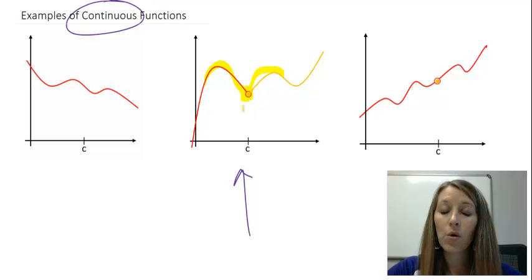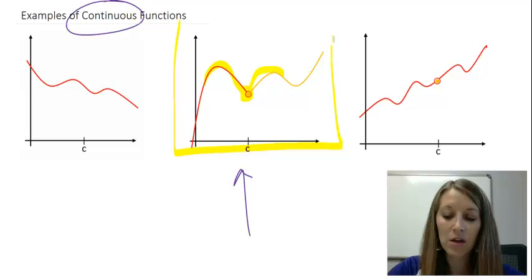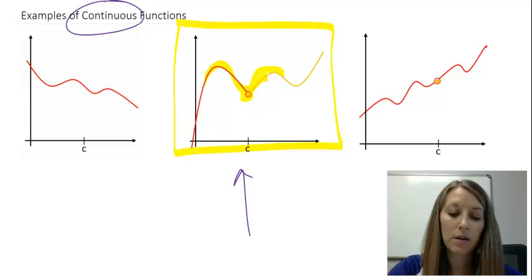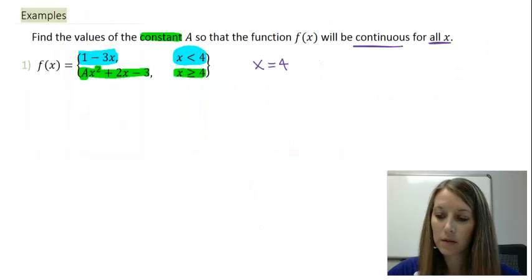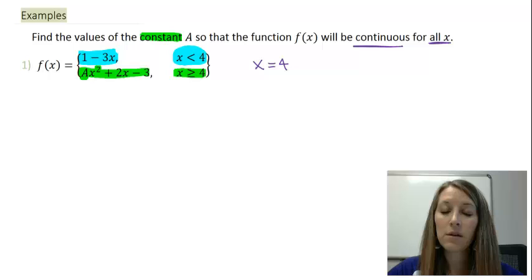So basically we want to figure out our constant a so this is guaranteed to happen: our two pieces match up in the middle, and they match up to give us this y value here. So we need to make sure that these two pieces match up.